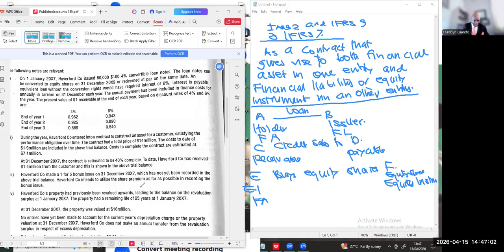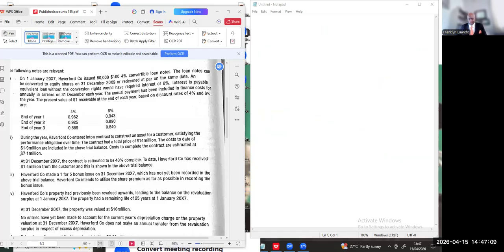Let me just explain there. Financial liability. How do you know this is a liability or it's equity instrument? Financial liability, which we call debt.